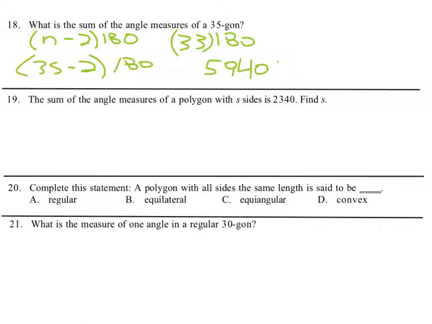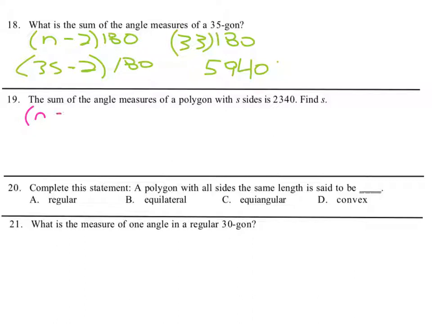Okay, so the sum of the angle measures with S sides, so they're using S instead of N, but it's the same formula, is 2340. Actually, I'm going to use N even though they say S sides, because when I write S, it looks a whole lot like 5.